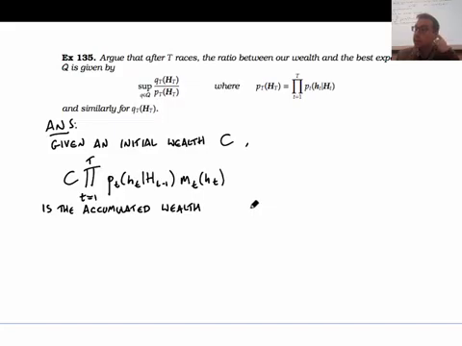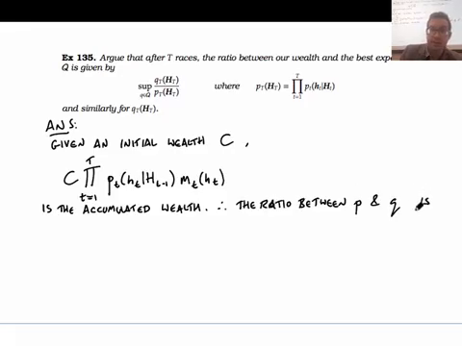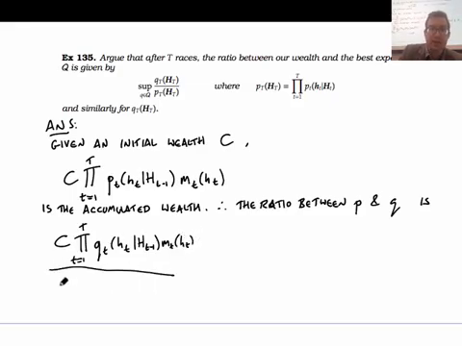So if I look at the ratio of the wealth between the amount of money that I get compared to the amount of money that someone else gets, therefore the ratio between a policy P and a policy Q is going to be C, product from t equals 1 to T, of Q of H of T, capital H_{t-1}, M_t of H_t, and then assuming they started with the same amount of money I did.